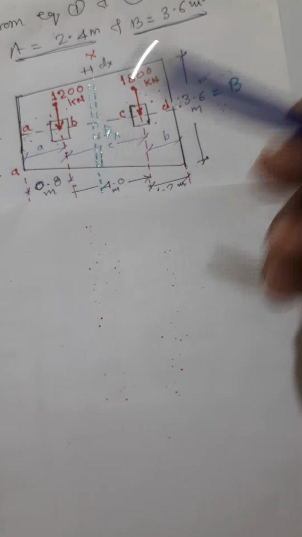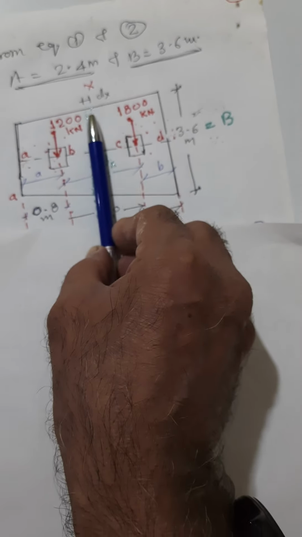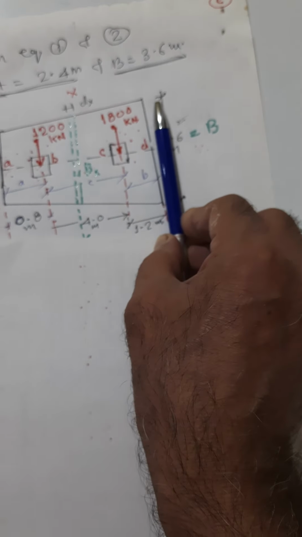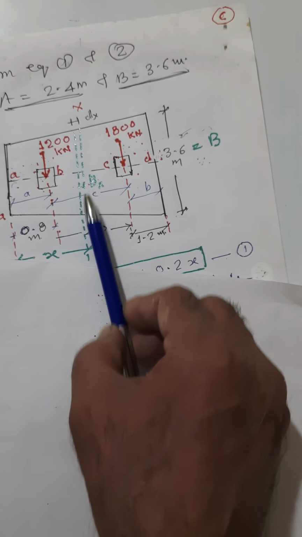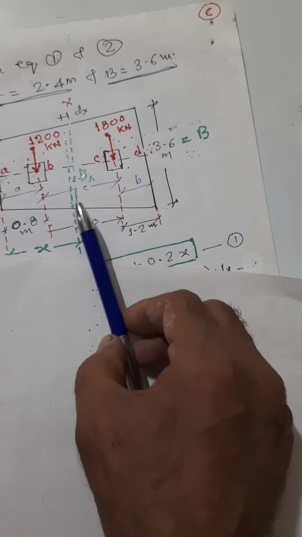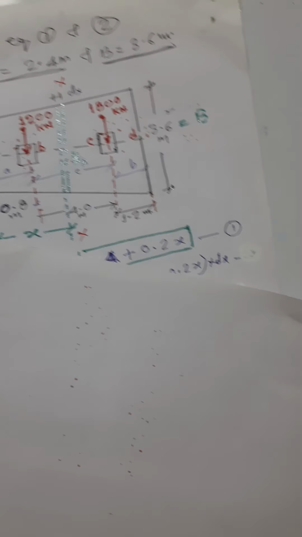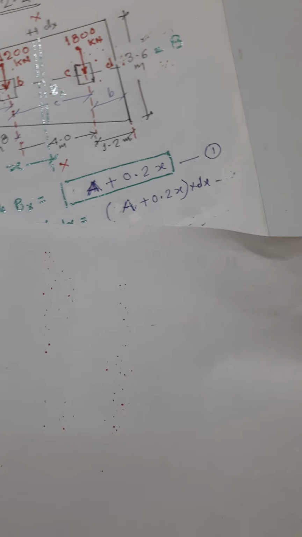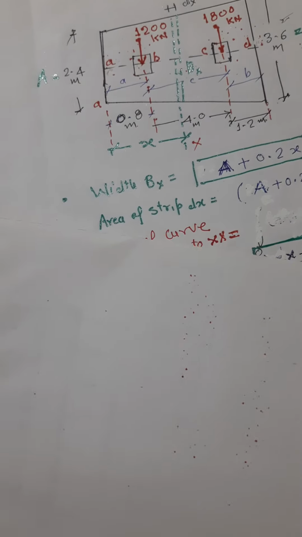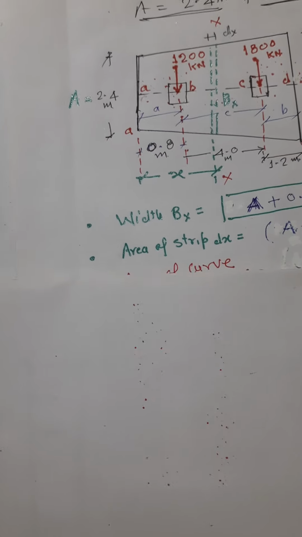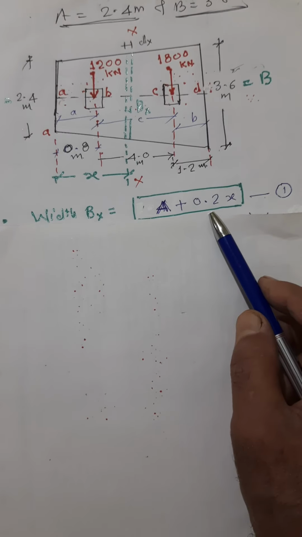Because this is required at all times when we are calculating the area from here to here, here to here, here to here. So at all times we are supposed to know this height, this distance. It is better to go for a mathematical expression and find the general equation for the width of this section at any distance x from here, and it comes out to be A plus 0.2x.